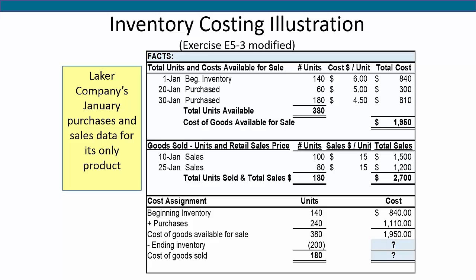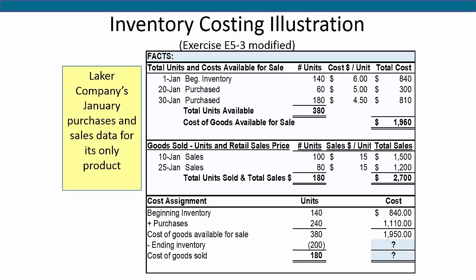And then the second part, of course, is to record the sales transaction for cost of goods sold. And we still don't know what the amount will be. We will begin our costing discussion by looking at specific identification, then move into FIFO and LIFO and weighted average cost methods.